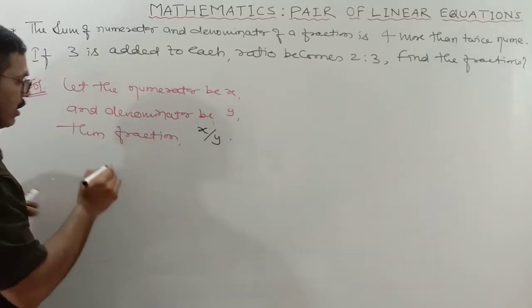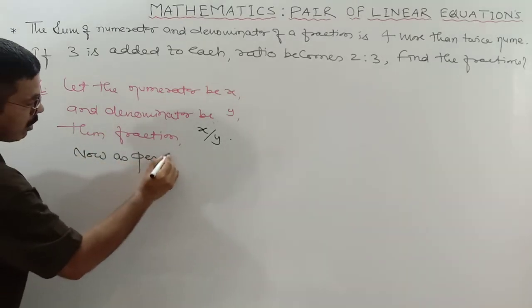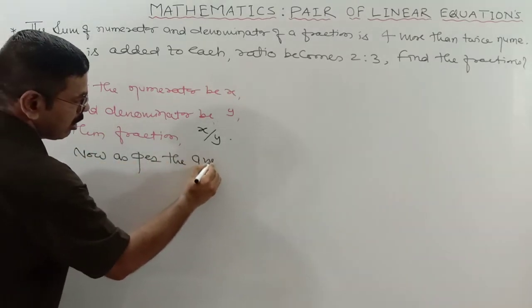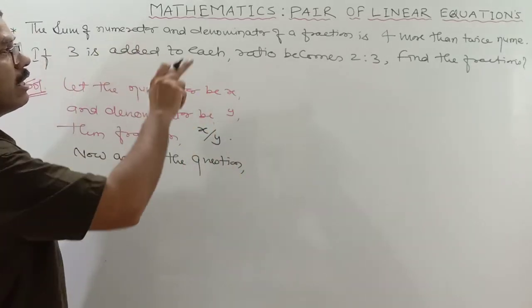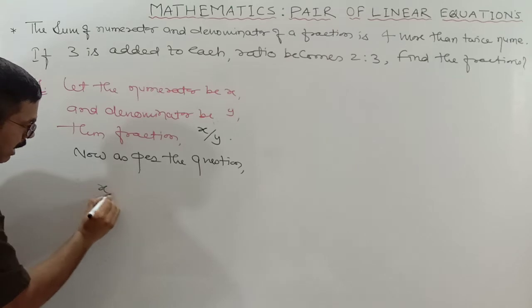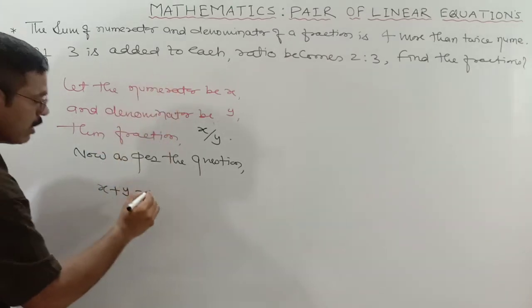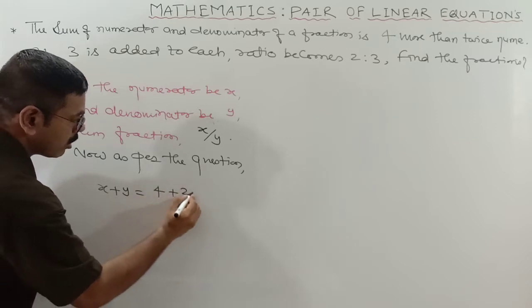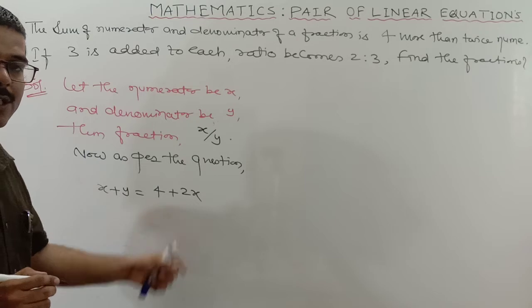Is it clear? Now as per the question, what the question is saying, the sum of numerator and denominator, means x plus y, is equal to 4 more than twice the numerator. Okay, 4 plus 2x.